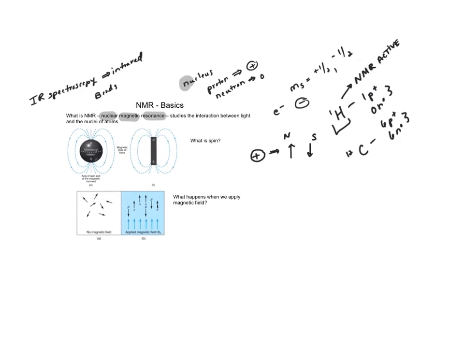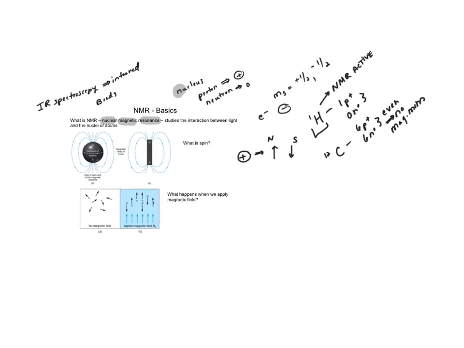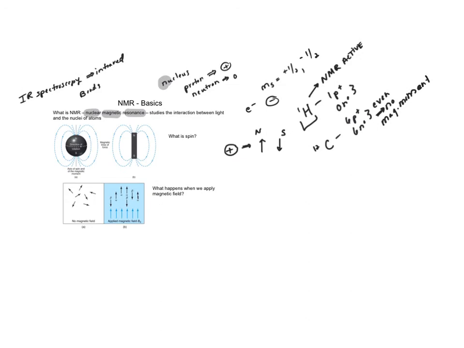No, because when we sum these up, we get an even number. So there is no magnetic moment, and we are NMR inactive. Which is unfortunate because carbon is very common. An even number is going to lead to no magnetic moments, so we're not going to be NMR active if it's even.